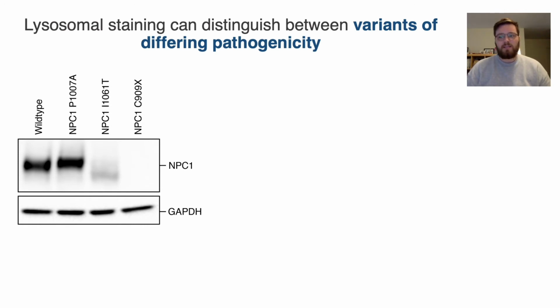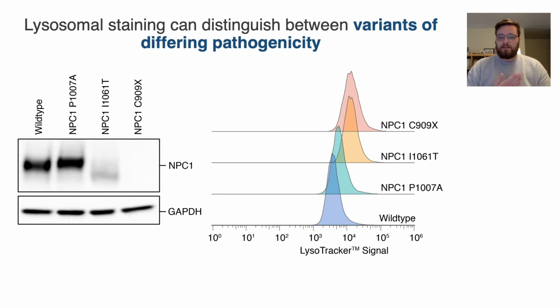And so I performed the LysoTracker staining and then the FACS sorting of each of these clonal populations. And encouragingly, what I found was that we could tell the difference between a wild type cell and this NPC1 P1007A, which is a typically very mild disease-causing variant. So that's great.